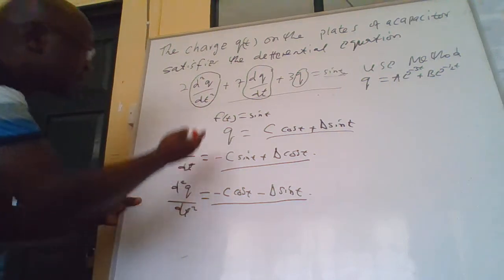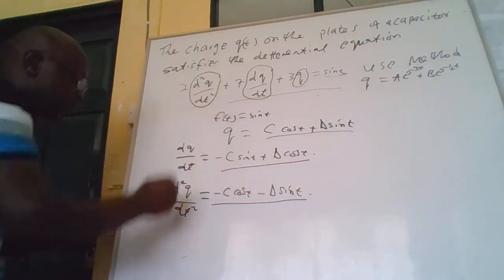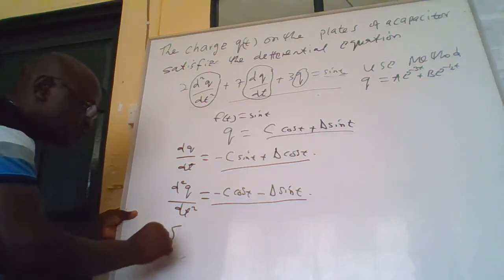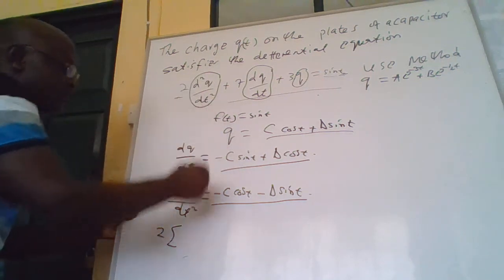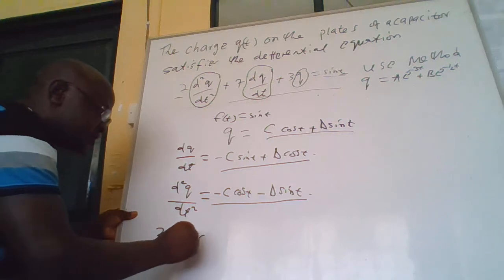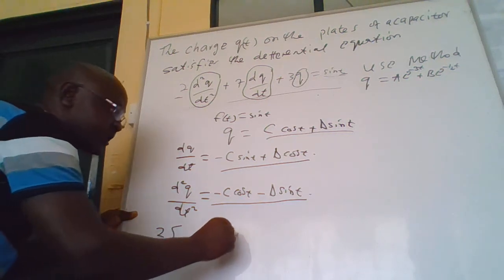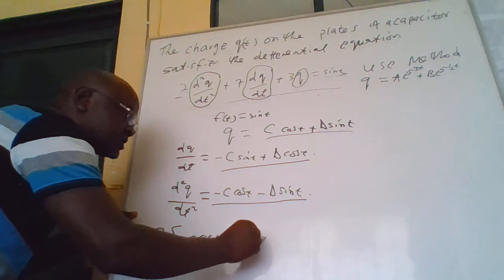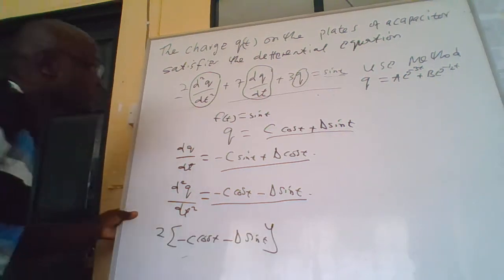Okay, so we can substitute this. We write 2 times, minus c cos t minus d sin t, close the bracket.